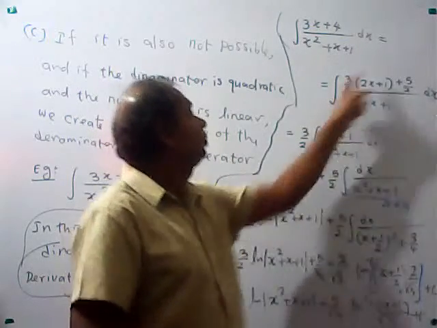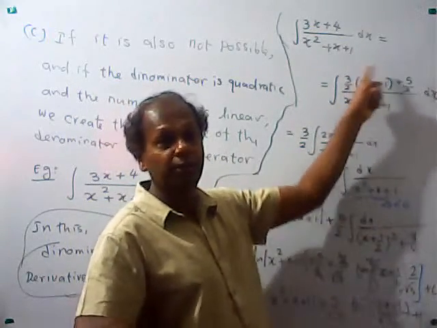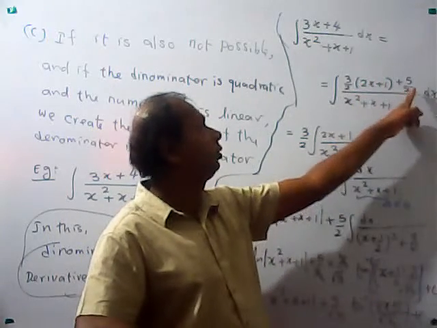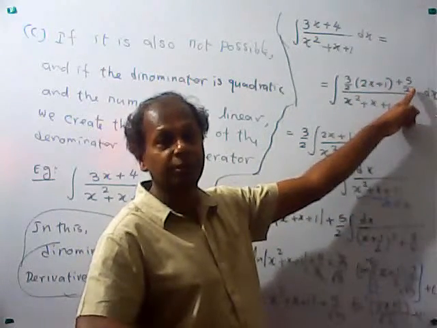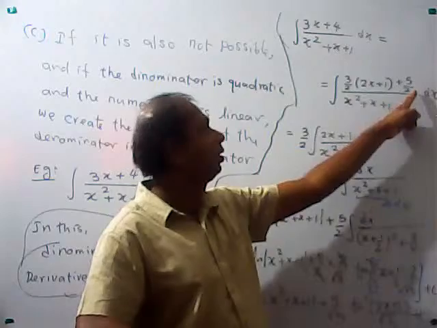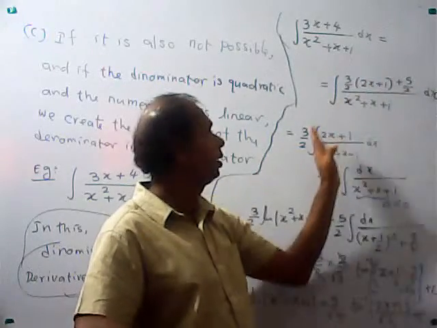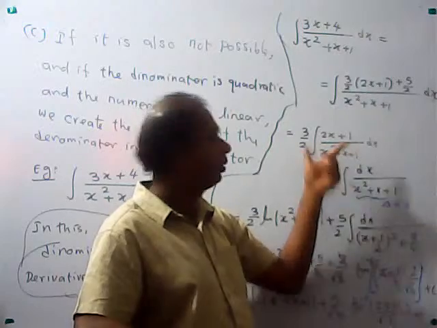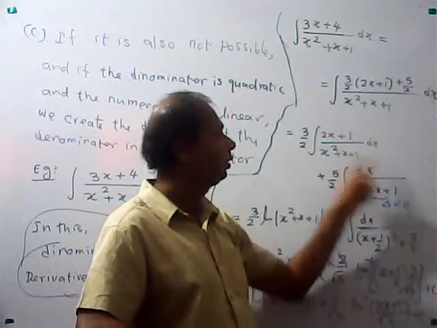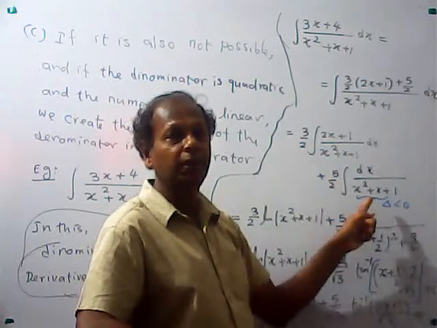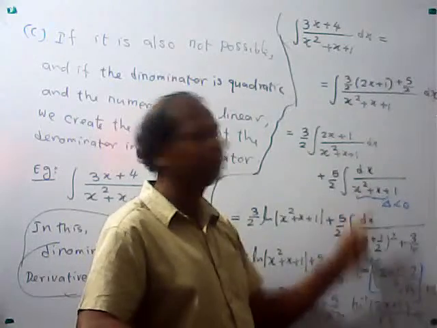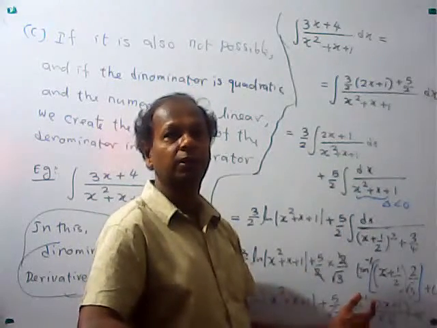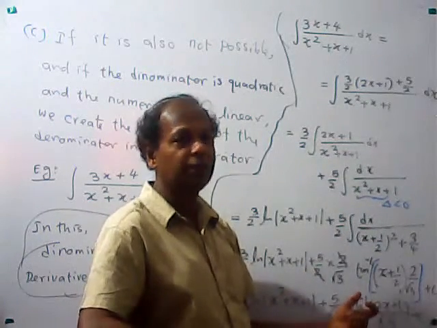Then once you create the derivative of the denominator in the numerator, you will get some constant here plus a constant. So we will separate them into two parts. The first part is easy, it's the ln form. The second part, there you will have to complete the square, and that will give you the tan inverse form that we learned last week, right?